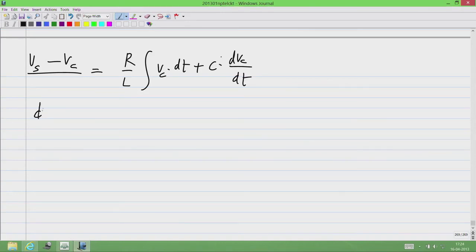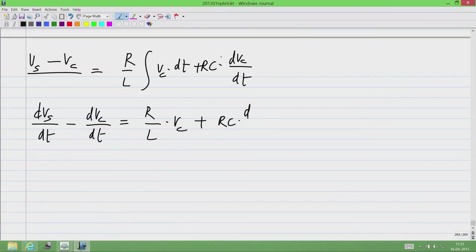So, if I differentiate everything, I will get R by L times Vc, because the derivative and the integral cancel, plus RC times the second derivative of Vc.